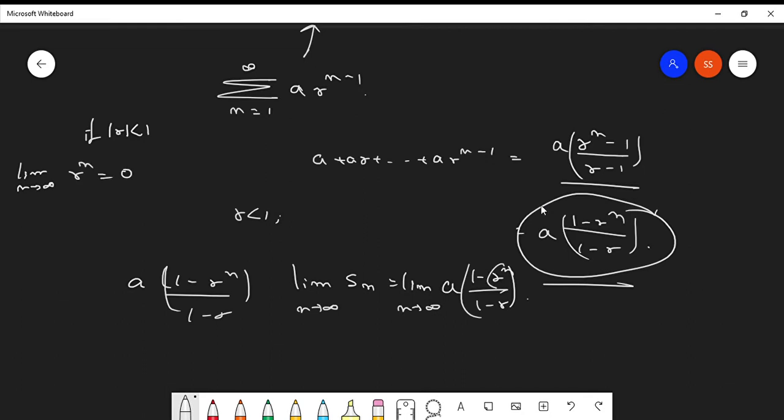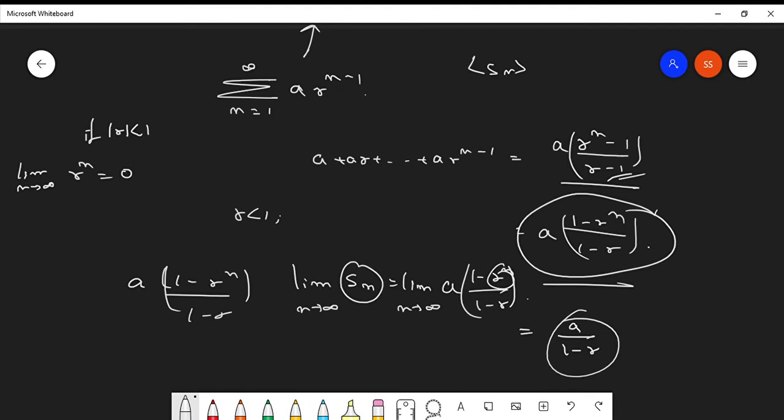So this becomes 0, and this basically gives us a over 1 minus r. That means the sequence Sn is converging to a over 1 minus r when mod of r is less than 1. r cannot be equal to 1. r equals 1 won't make it a geometric series. You can obviously see it from here, if r equals 1, the formula becomes undefined. Is it clear?